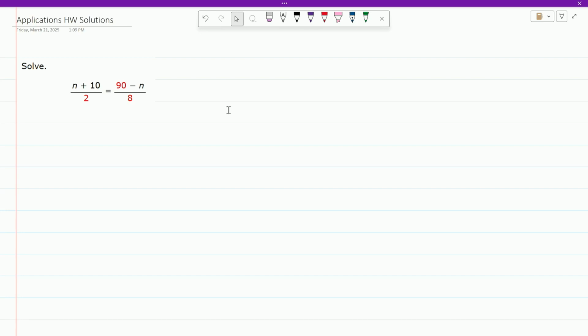So for the first one, this is just straight up a proportion. All right, so we're going to simply just cross multiply. And the key to this is to write out the cross multiplication first without actually multiplying, just to make sure you're writing it out properly and you're distributing everything as well.